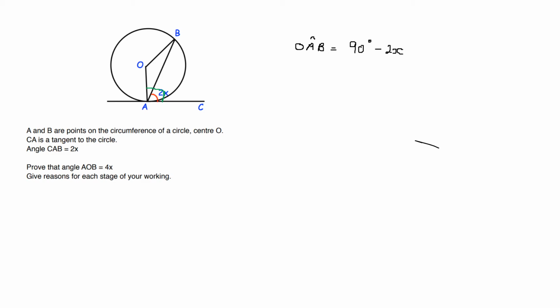Now, because triangle OAB is isosceles, so OA and OB are both radii, so they will both be the same length. Angle ABO, so the other angle at the circumference, will also be 90 degrees minus 2x. Now, the angles in a triangle sum to 180 degrees, so now we can work out angle AOB.